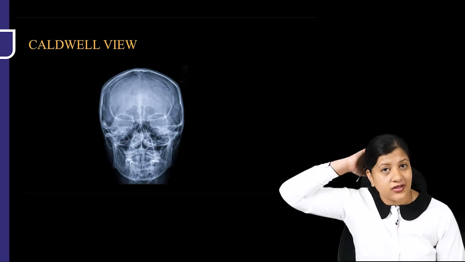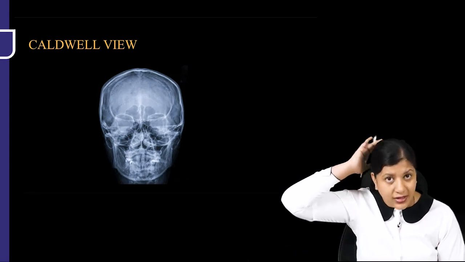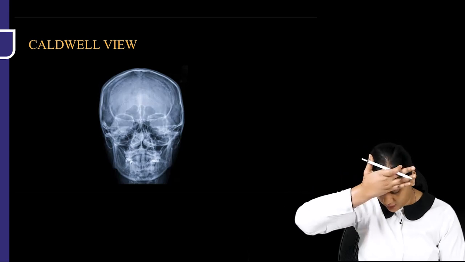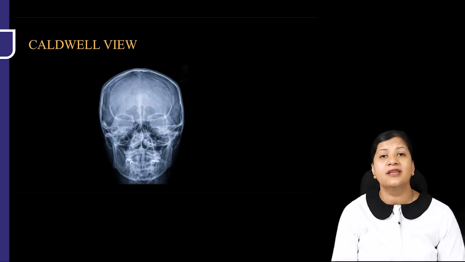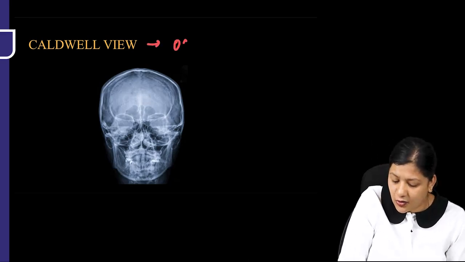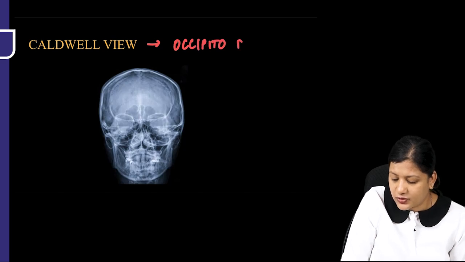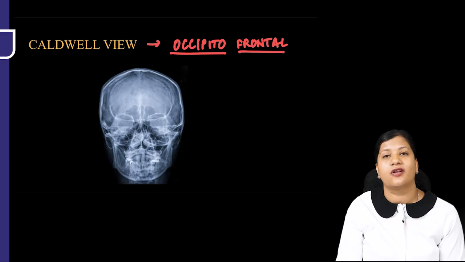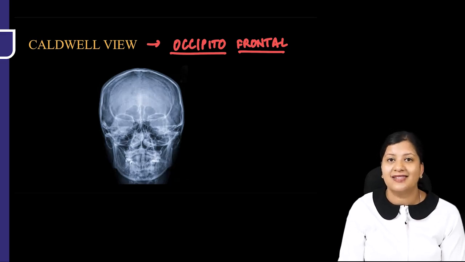Now if you see the occiput is bending downwards or chin down position, we call this as occipitofrontal view. So Caldwell's view is nothing but your occipitofrontal view. So occipitofrontal view is your Caldwell's view. Now in your occipitofrontal view or Caldwell's view, which sinus can you see?